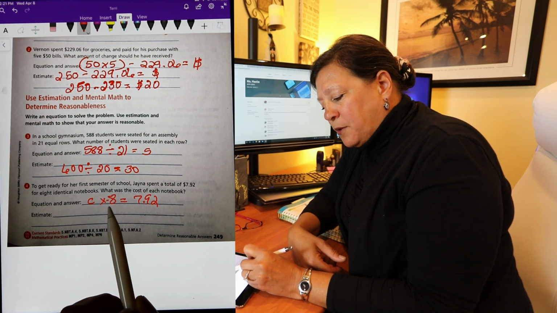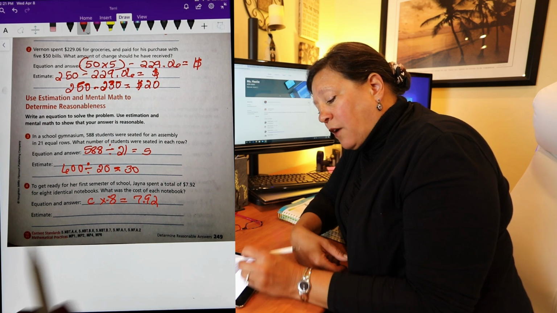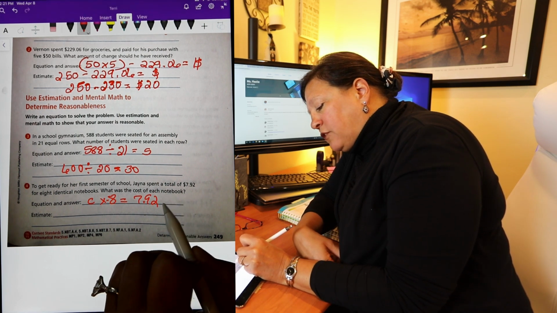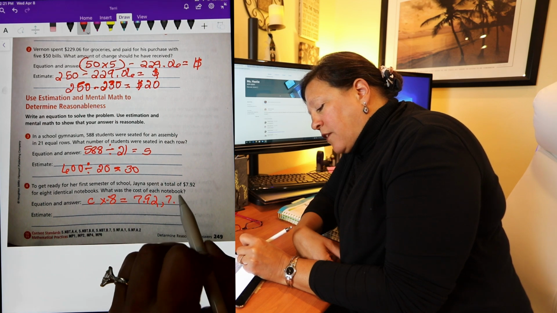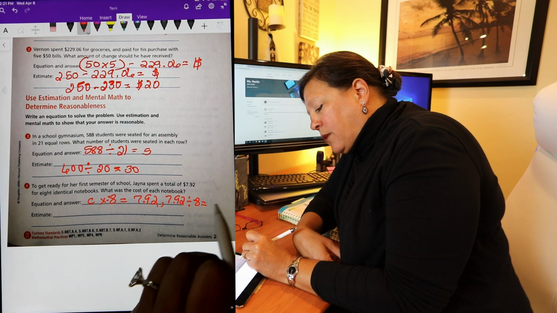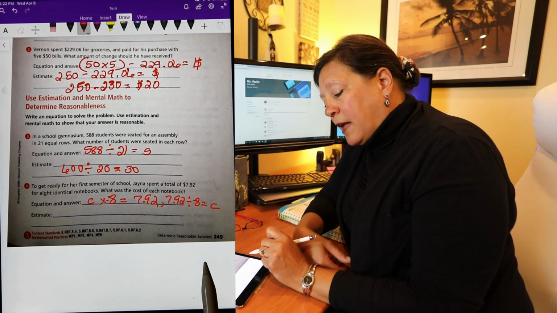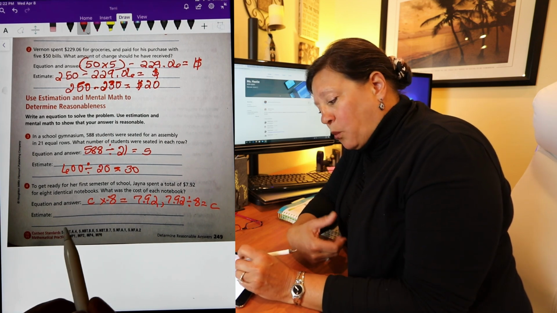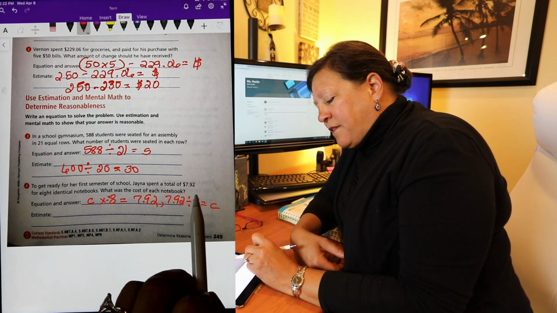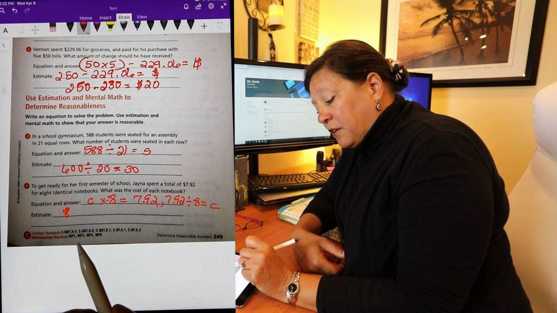We don't know the cost, but we know times 8 it equals $7.92. So how are we going to solve for that? Our solution equation is $7.92 divided by 8, which will give you the cost. Now you have to solve that, and then we'll look at what would make sense. If I have this $7.92, I can round that to $8.